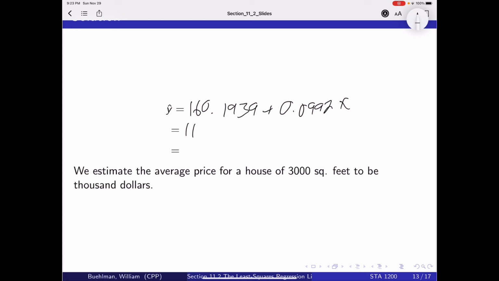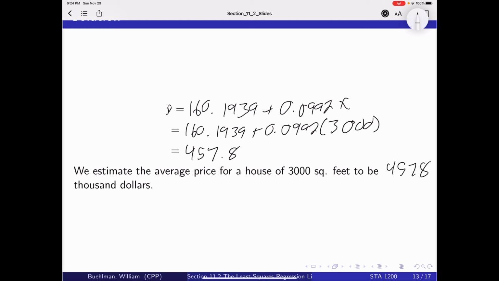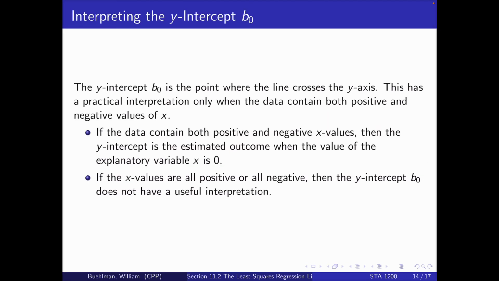So we have 160.1939 plus 0.0992 times that 3,000, which gives us 457.8. We estimate the average price for a house that is 3,000 square feet to be $457.8 thousand.